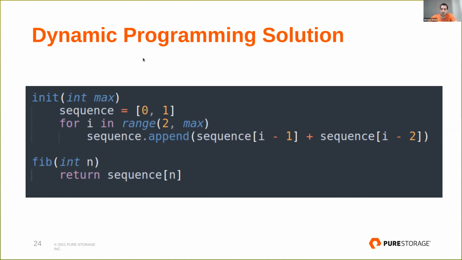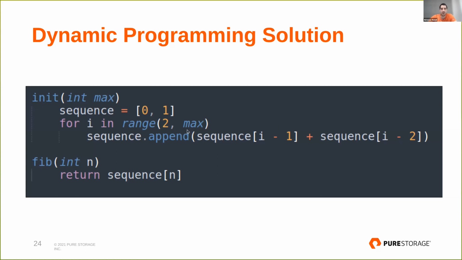But this is what it might look like, the dynamic programming approach, where you actually start with an array with 0 and 1, and you're appending. Again, I have to mention the capacity issue. If you know, for example, you're going to calculate 1,000 elements, you would reserve 1,000. But you're just building the array. In this case, you're adding one.